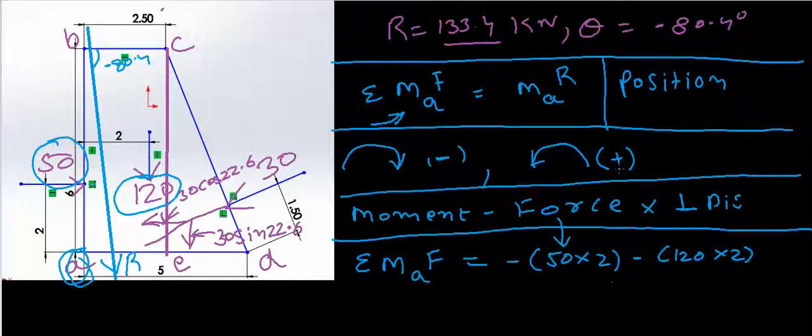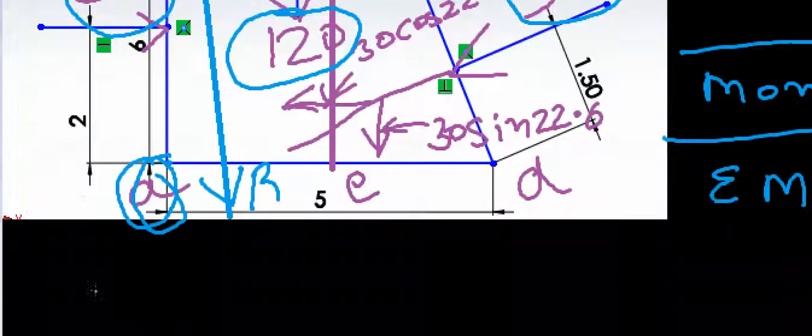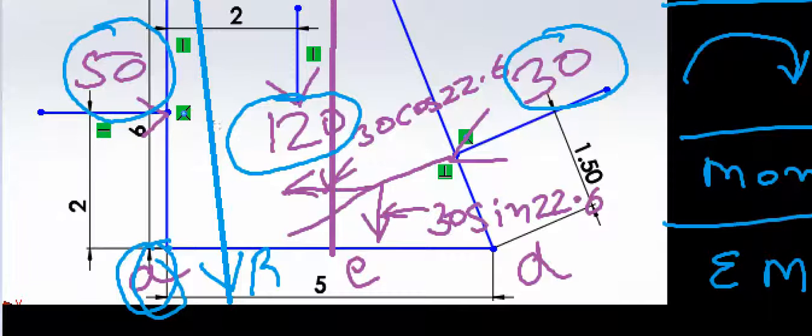Now which is my third force? This is my third force, which is 30 kilonewtons. But the thing is, this 30 kilonewton force is along x and along y direction, so we have resolved it along x and y direction. Let's zoom in and observe. Alright, this force is 30 cos 22, and its direction is this.